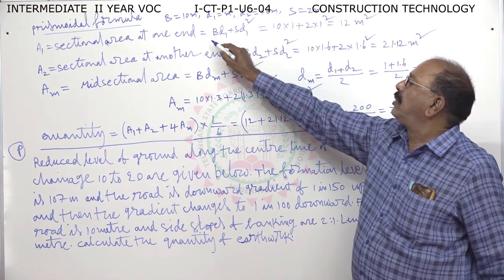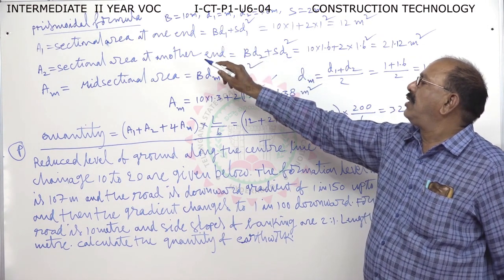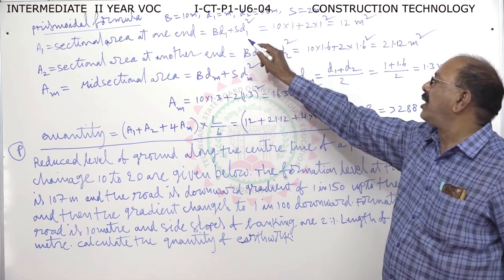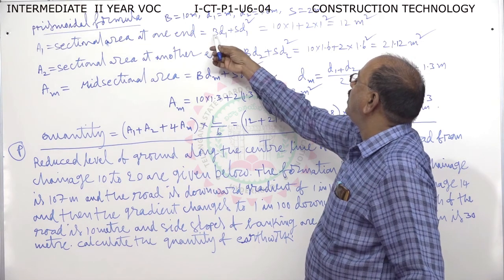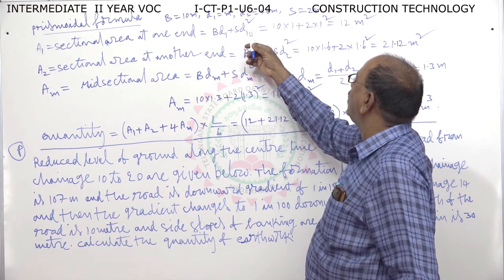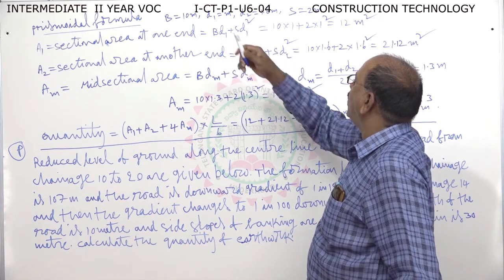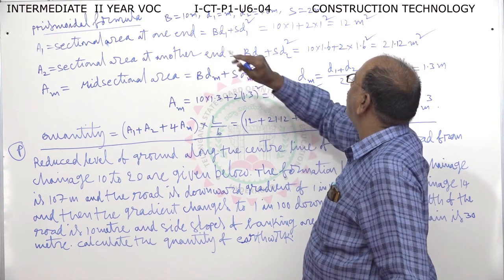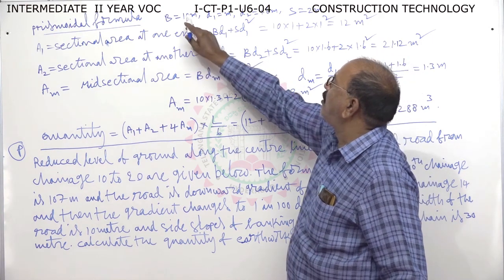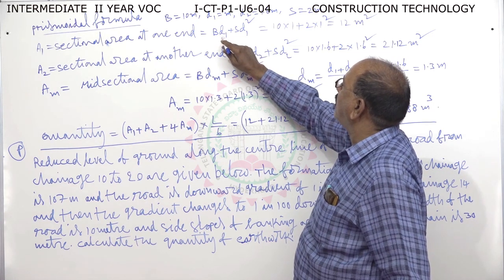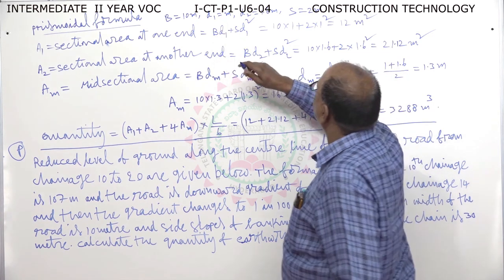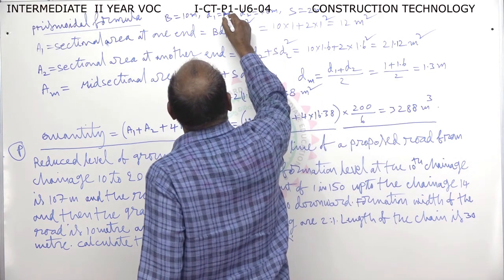So area A1 is equal to sectional area at one end. That is equal to BD1 plus SD1 square. That is equal to B. In the place of B, substitute the value of 10 meters. 10. Next, in the place of D1, D1 is equal to 1 meter.